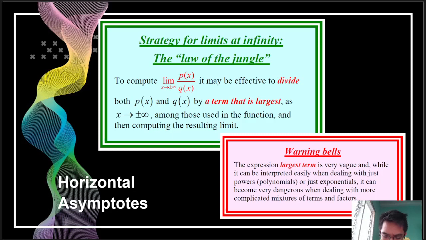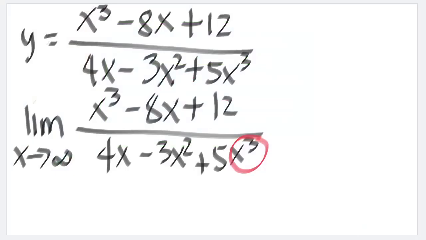It can become very dangerous when dealing with more complicated mixtures of terms and factors. So I hope this is very clear that the functions involved in your limit are homogeneous, meaning no mixture, purely algebraic functions.